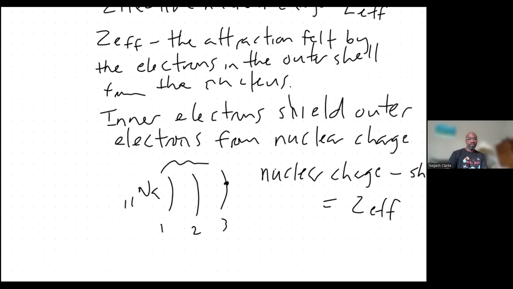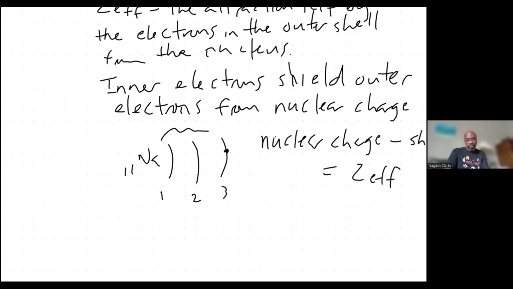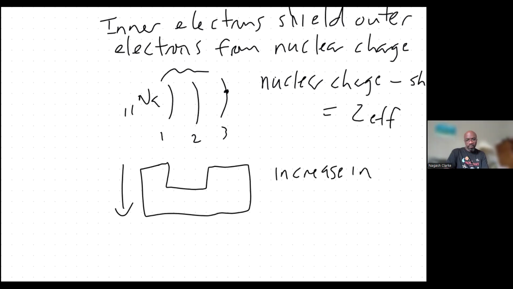So as we go down the periodic table, there's an increase in shells, thus an increase in shielding.